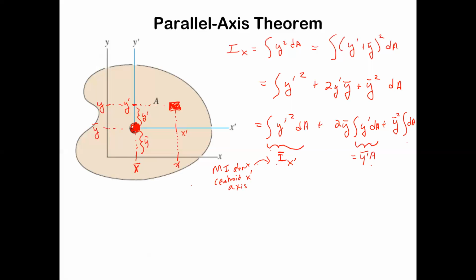We talked about x bar, y bar as the centroid. If you just take away the x prime, y prime axes for a second, you've got a centroid here and x and y. And this distance y bar is the distance between the x-axis and the centroid, right? But what about if our x and y axes were right through the centroid?